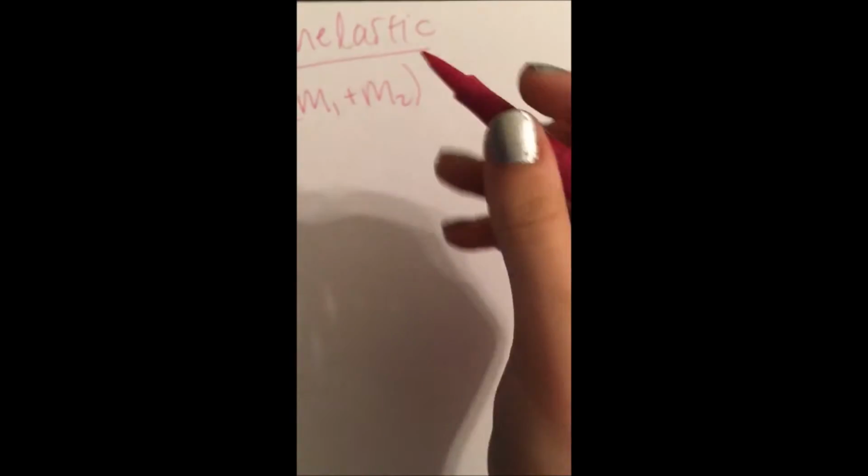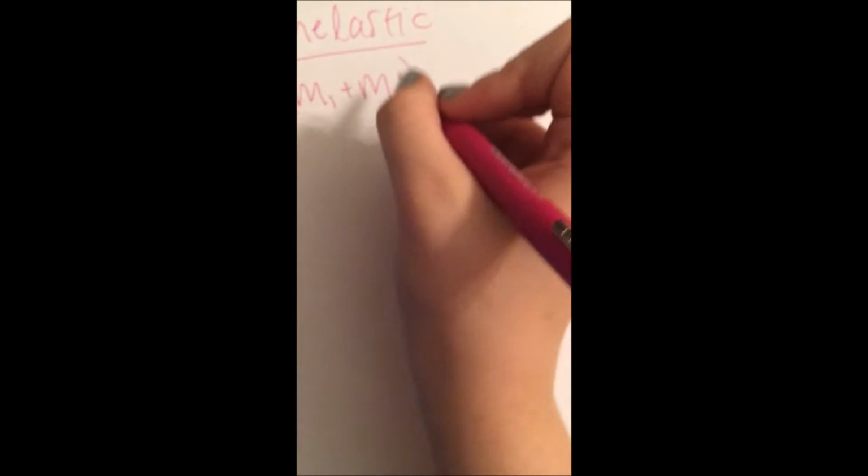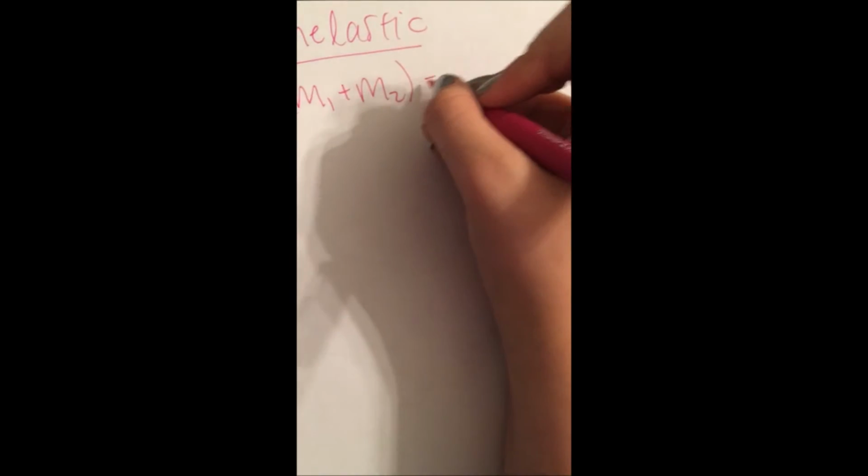Now we're going to review inelastic collisions. All inelastic means is that momentum is not conserved and the kinetic energy is lost during the collision. So here, it would mean the masses are stuck together. So we have m1 plus m2 going at one speed, which should equal m1 times v1 plus m2 times v2.